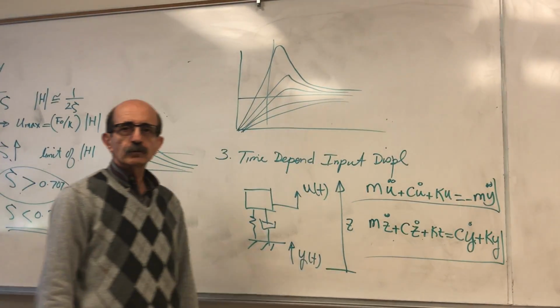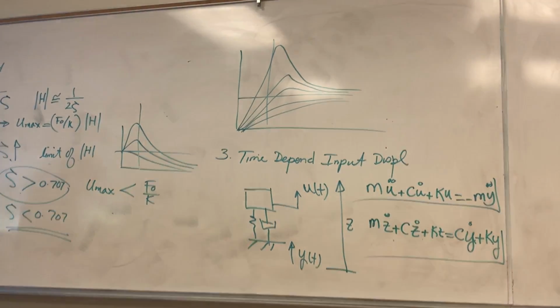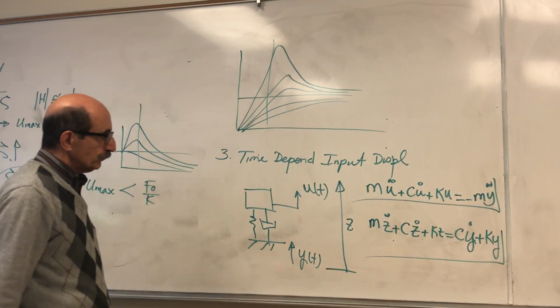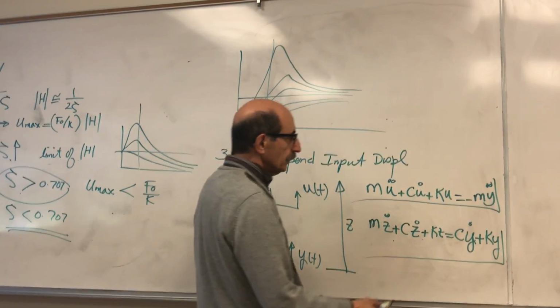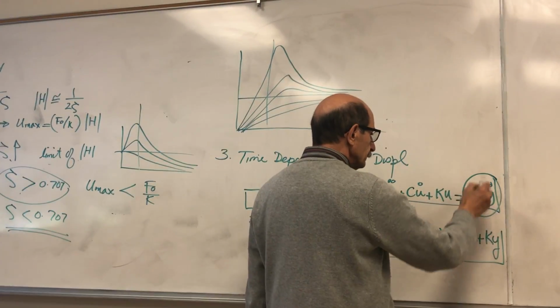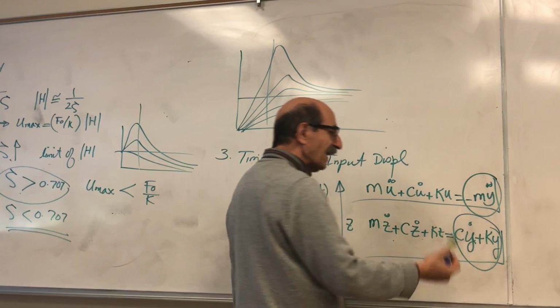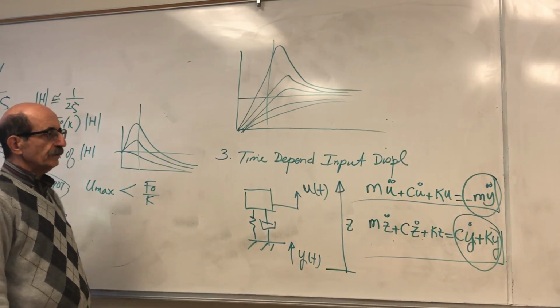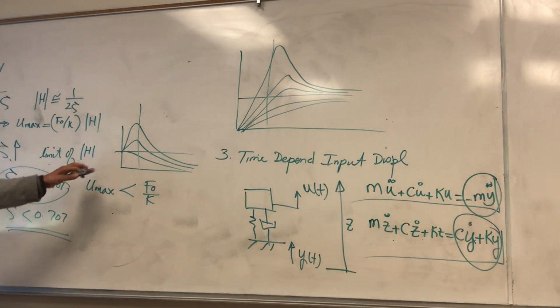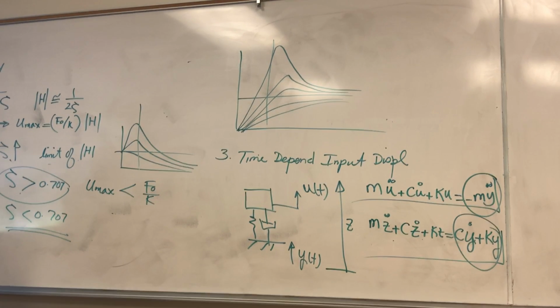So these two forms of equations of motion, depending of course on which case you are dealing with, represent the fact that the motion of the system can in fact be initiated as a result of an input displacement or motion imposed on the foundation.